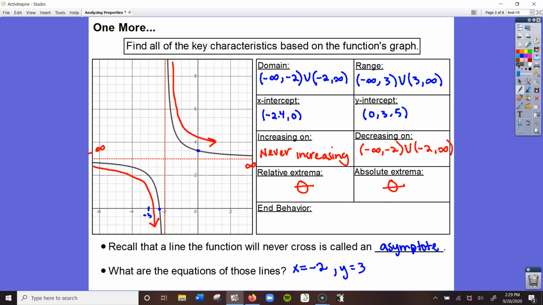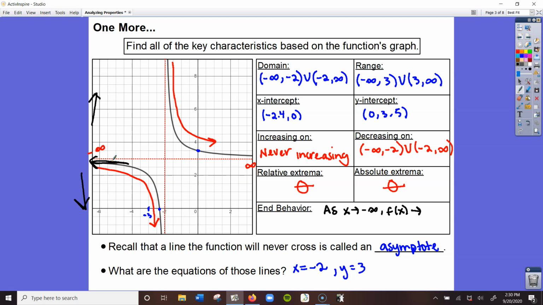Now let's go on to end behavior. Let's start with the left side of the graph, so that will read as x is approaching negative infinity. Let's see what the y values are doing on the left side of the graph. And you can see here that it is neither increasing forever nor decreasing forever, but rather leveling out horizontally along some line.